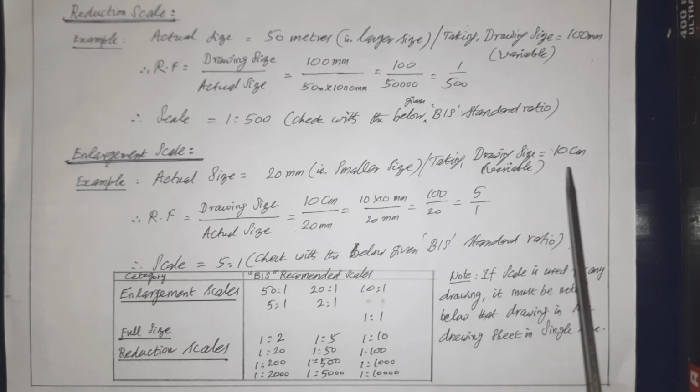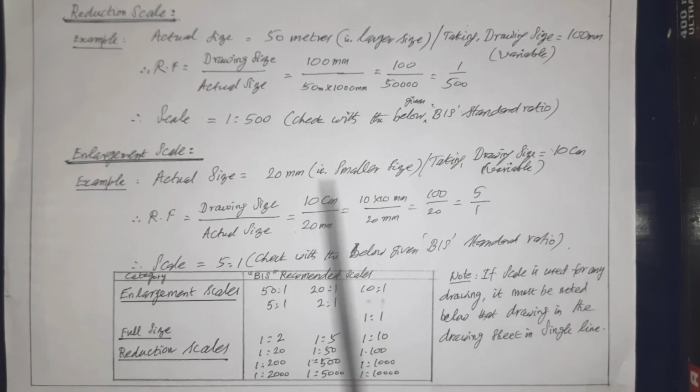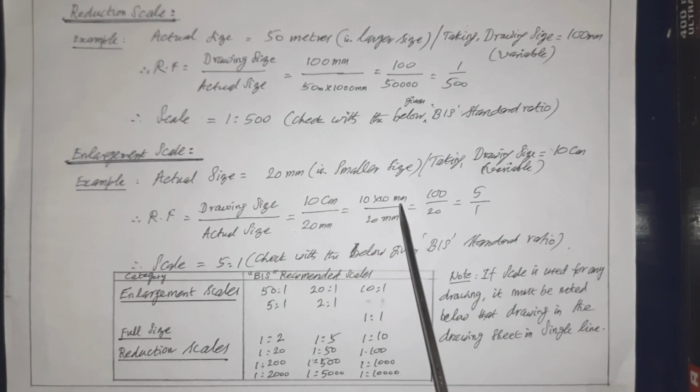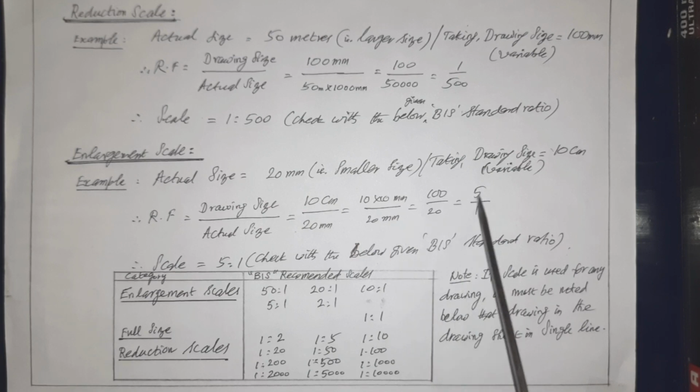Here, taking the drawing size as 10 centimeters for our convenience, the RF value equals drawing size divided by actual size, that is 10 centimeters divided by 20 millimeters. This 10 centimeters converted into millimeters will give 10 into 10. So 100 by 20, that will be 5 by 1. Here the ratio of the scale will be 5:1.